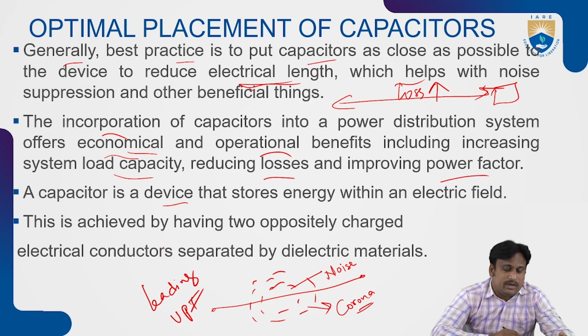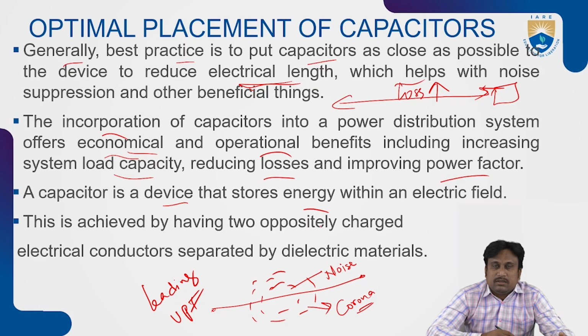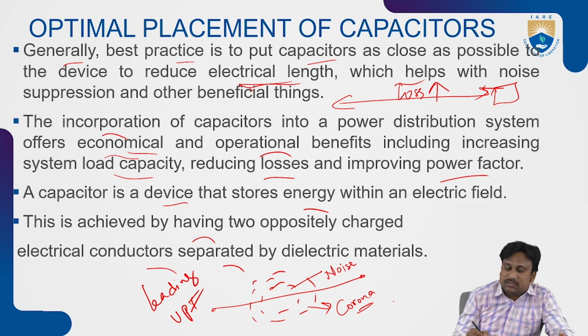Usually we treat a capacitor as a device which stores energy in the electric field. This is achieved by having two oppositely charged electrical conductors, which are supposed to be separated by dielectric materials. How can we say that a capacitor is formed?